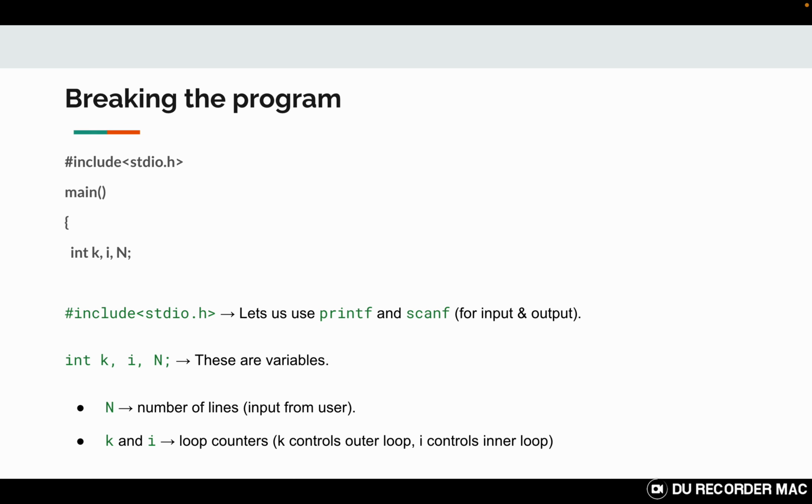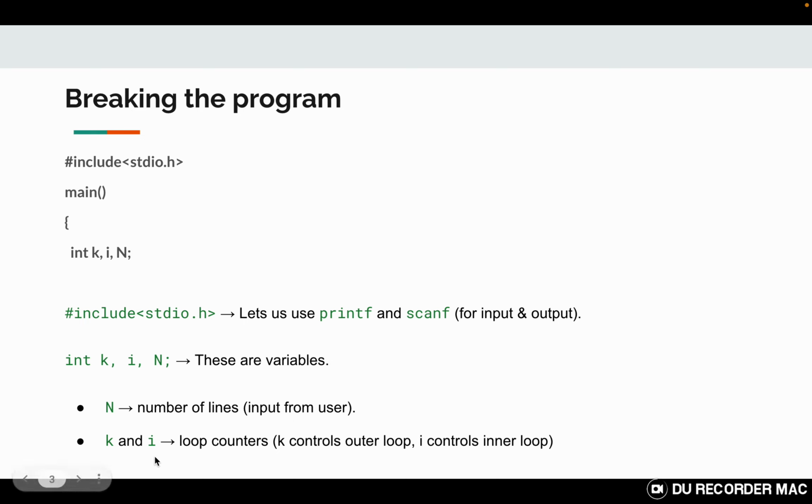And if I tell you about the program, we start with #include <stdio.h> with a main function, and inside the main function we have three variables k, i and n. #include <stdio.h> is used as a standard header in all the C programs. n controls the number of lines, so basically it will ask the user how many lines they want, right?